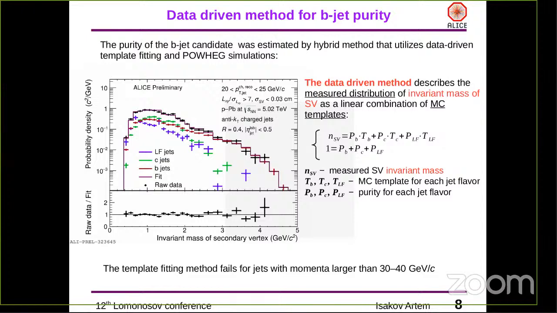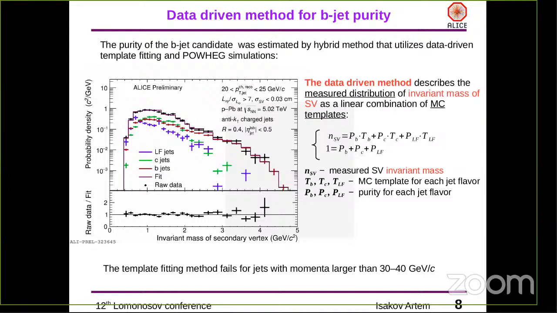So at first, the data-driven method describes the measured distribution of the invariant mass of a secondary vertex as a linear combination of Monte Carlo templates. On the left figure, you can see an example of such a fit for pT from 20 to 25 GeV. Blue, green, and red histograms are the invariant mass of the SV for different jet candidates, while black points are the measured raw data.